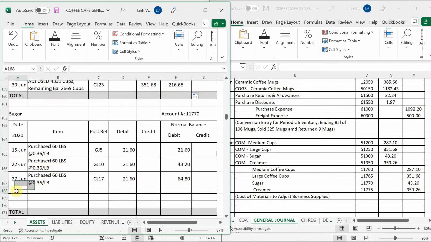All right, so my sugar. If I purchased 60 plus 60 plus 60, and in the adjustment I used 120 pounds of sugar, I should have a remaining balance of 60 pounds.